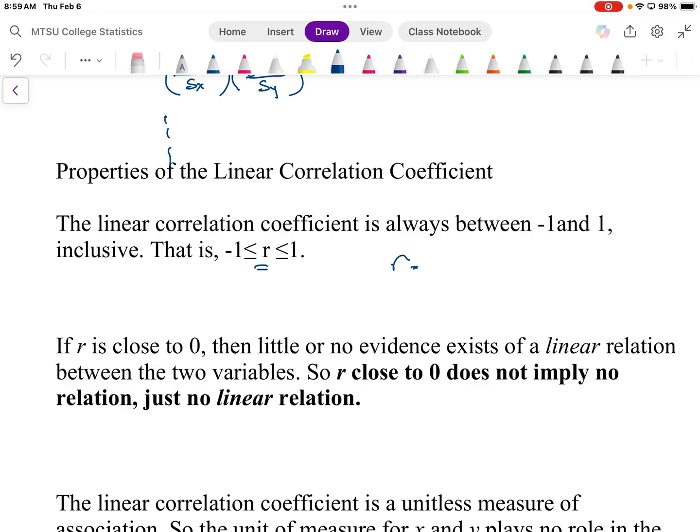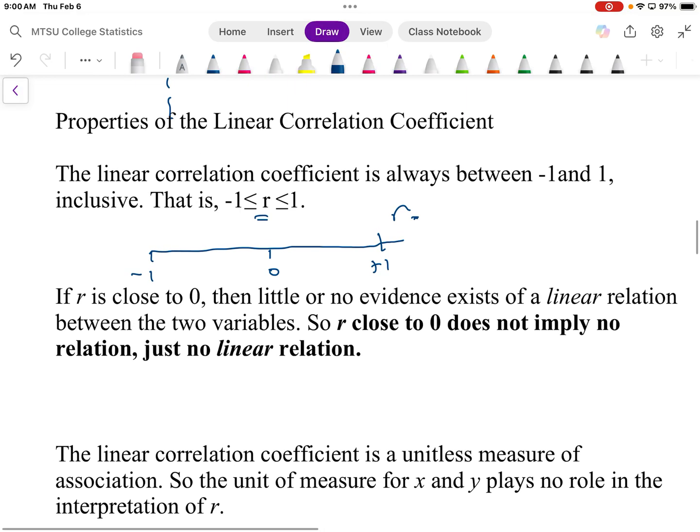So like in my other stats classes, based on the curriculum they use, we have +1, 0, and then -1. We usually have a little number line that we use, and we try to put a little gauge on when we can use certain adjectives like a strong negative or a weak negative, and so forth.